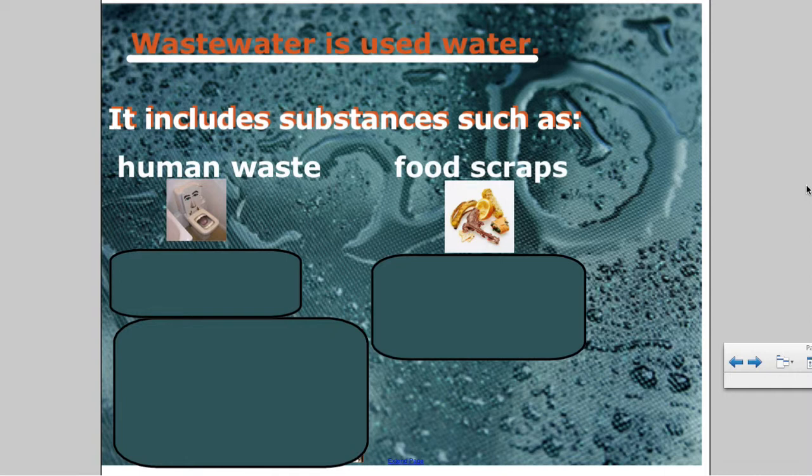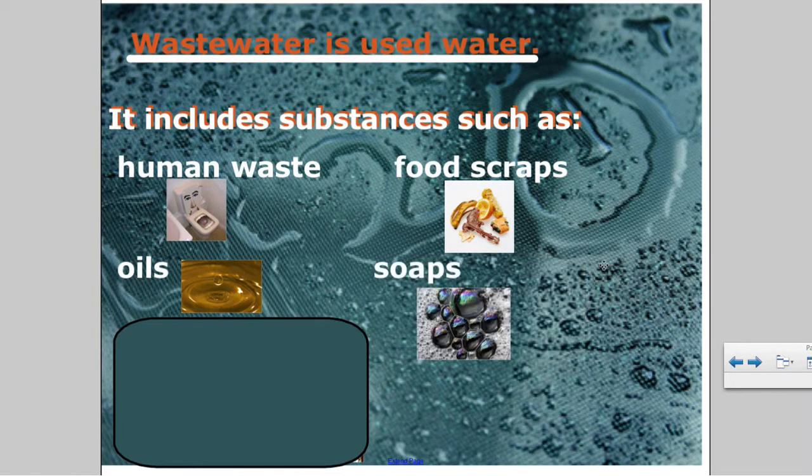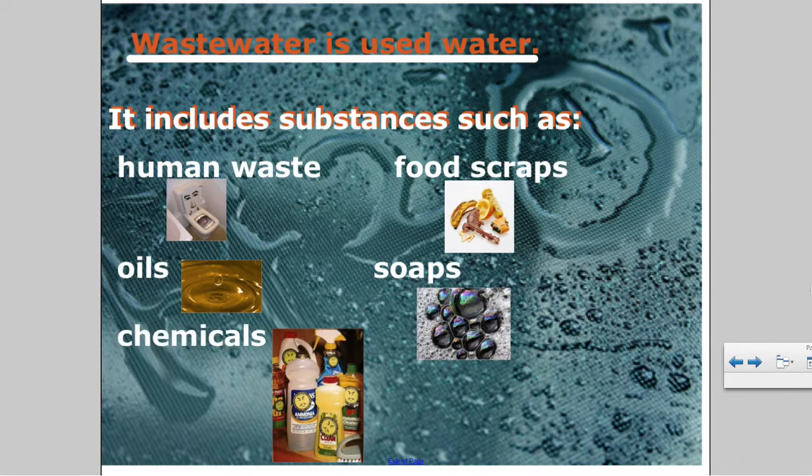So that does end up in your wastewater. Oils that are poured down the drain or tossed in the trash. Soaps and detergents. And also other chemicals. All of these things are included in our wastewater, or our used water.